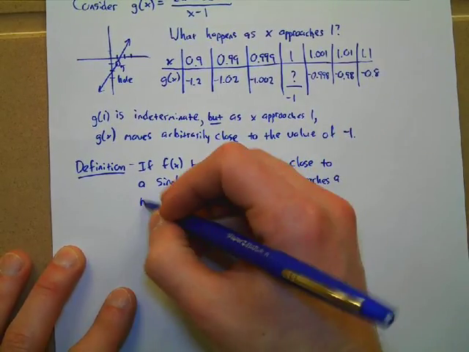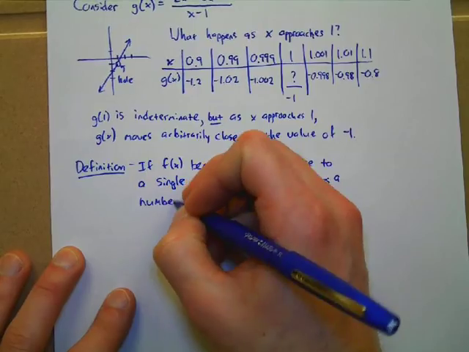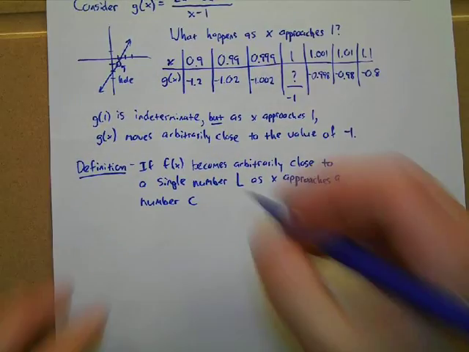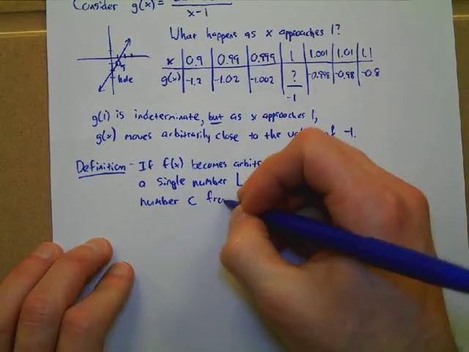So again, there's that idea, right? We don't want to just think about approaching that C value from the left-hand side, from lower values. We're also thinking about approaching it from the right-hand side. So from either side.